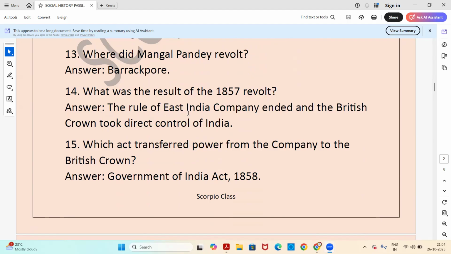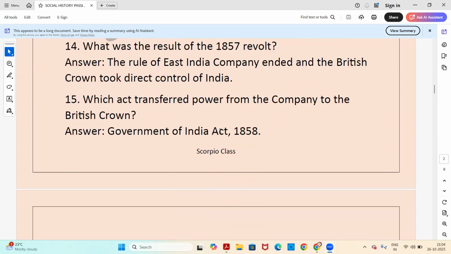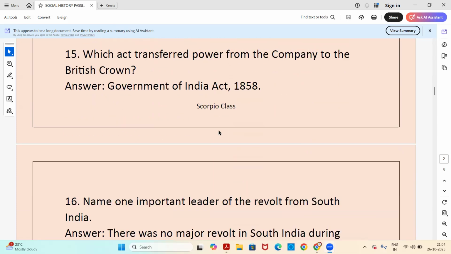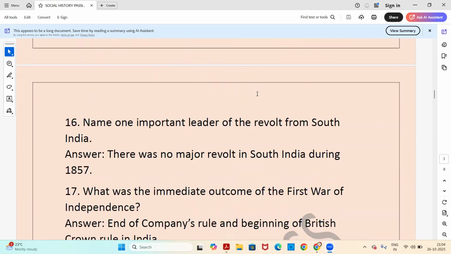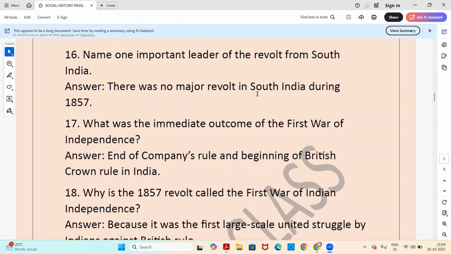What was the result of the 1857 revolt? The rule of East India Company ended and the British Crown took direct control of India. Next, which act transferred power from the company to the British Crown? Answer is Government of India Act 1858. Next, name one important leader of the revolt from South India.